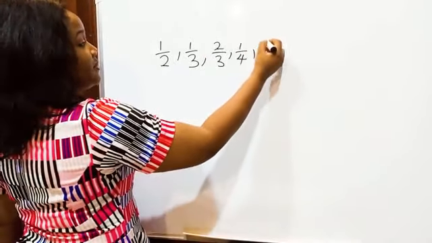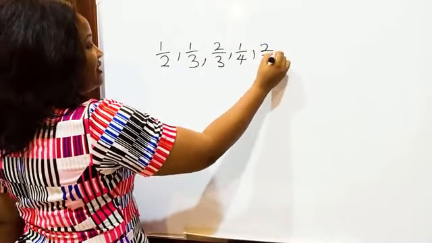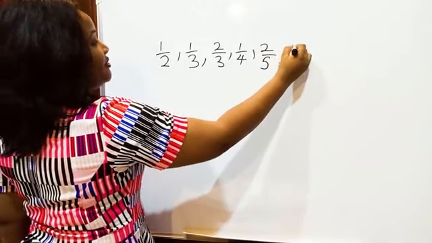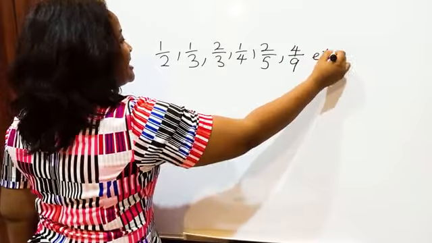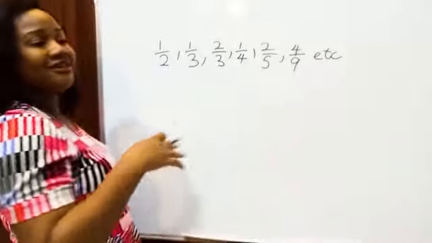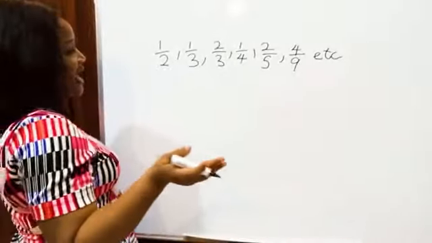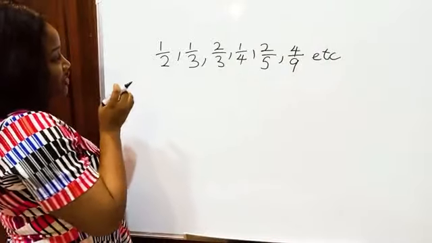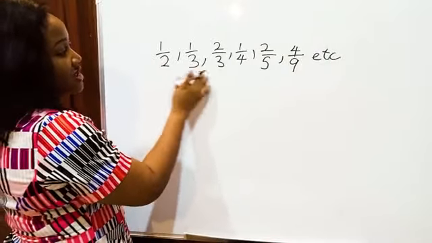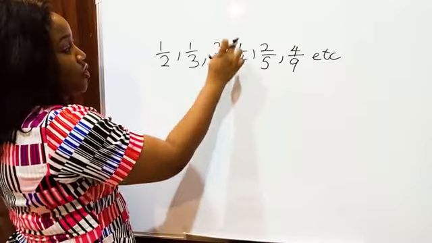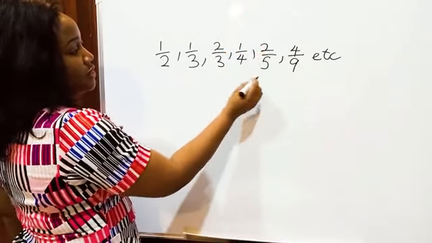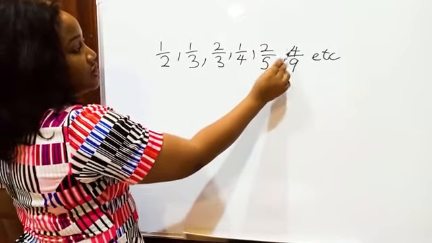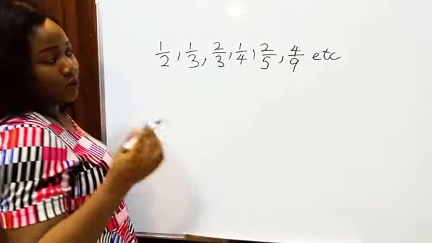You can have 2 over 5, you can have 4 over 9, etc. You can have as many fractions as possible. Now, in this fraction, like we already discussed, this shows 1 out of 4 equal parts. This shows 2 out of 5 equal parts. This shows 4 out of 9 equal parts.